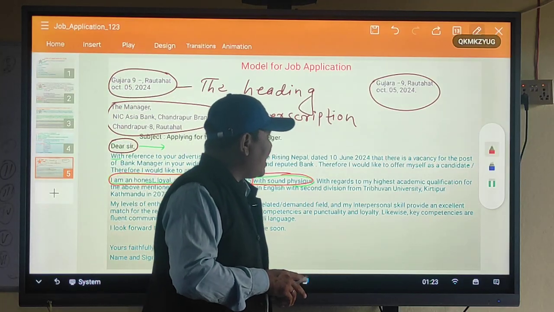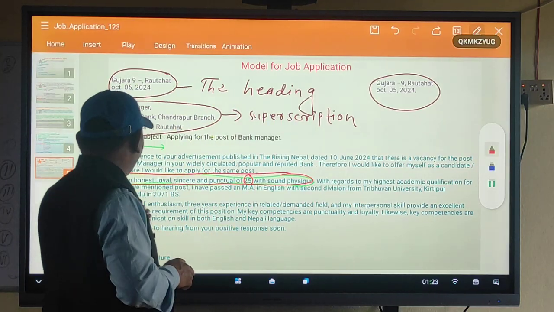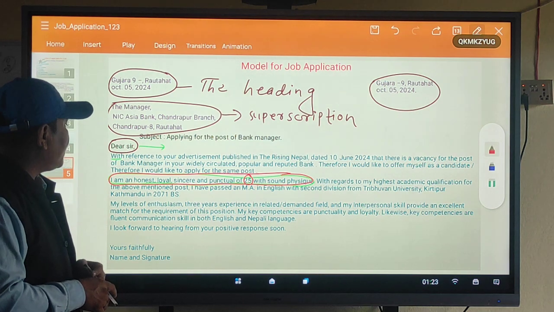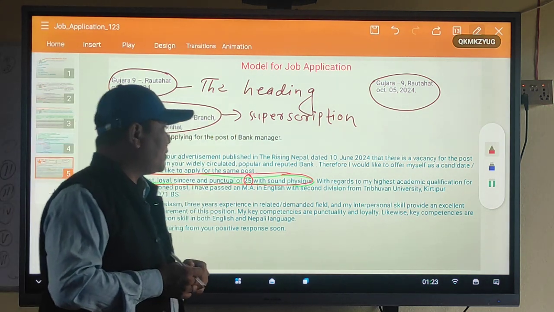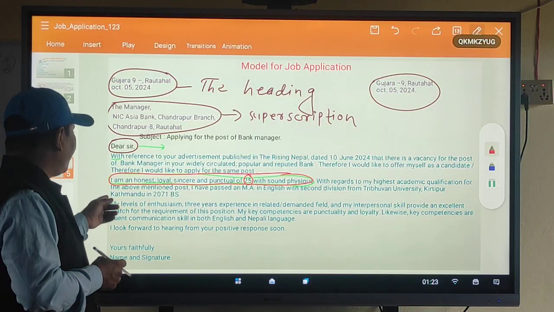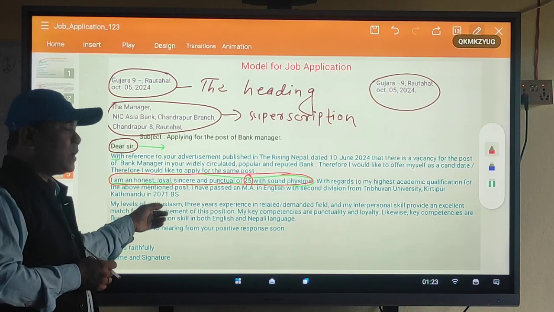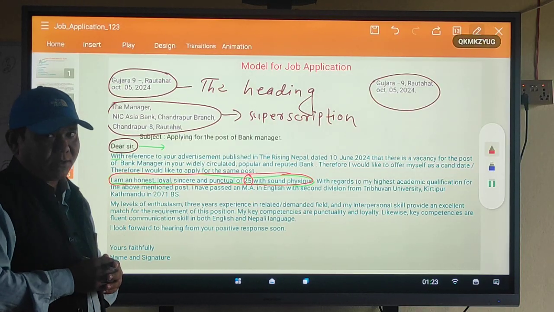With regards to my highest academic qualification, for the above mentioned post, I have passed an MA in English with 2nd division from Tribhuvan University, Kirtipur, Kathmandu in 2071 BS.